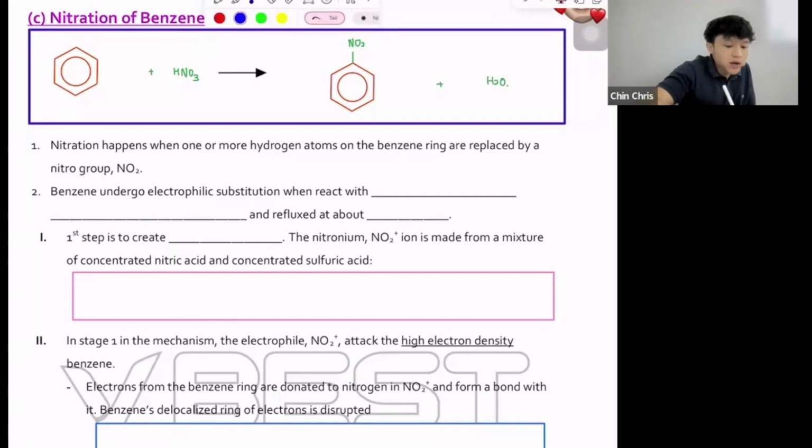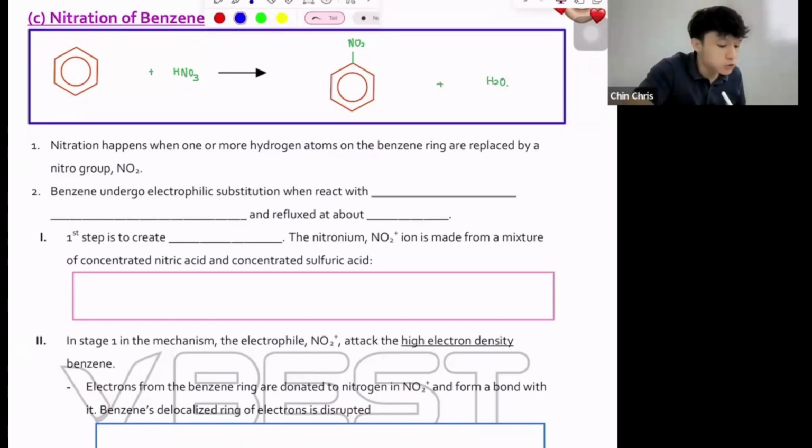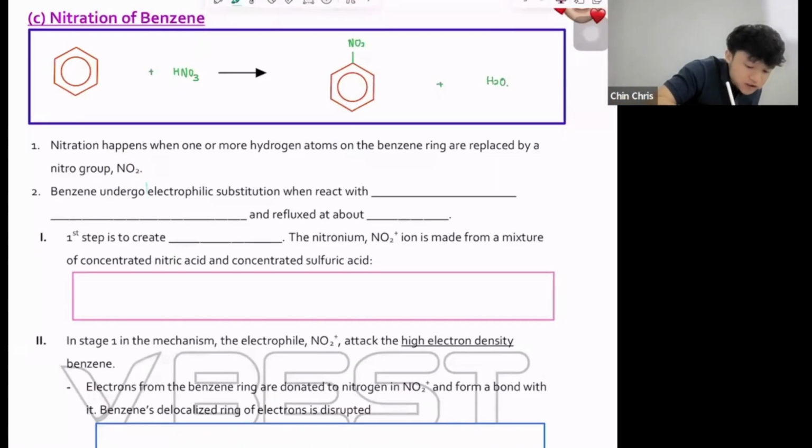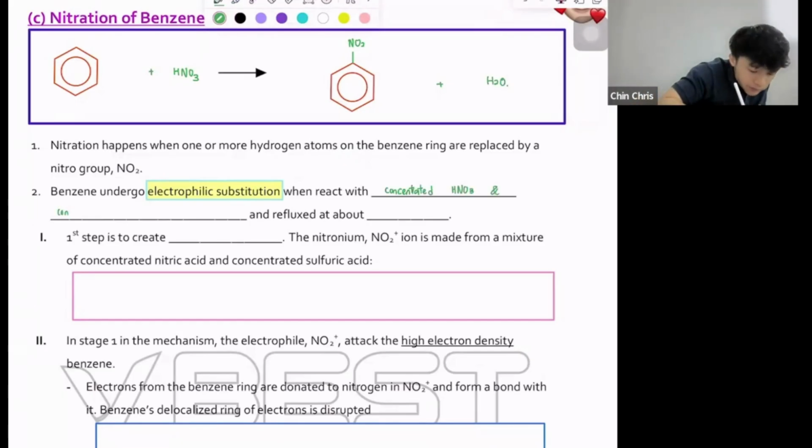Alright guys, next. Nitration happens when one or more hydrogen atoms on the benzene ring are replaced by NO2. So guys, highlight the words electrophilic substitution again. And guys, this time, what do you need? You need concentrated HNO3 and concentrated H2SO4, with heat at about 55 degrees.